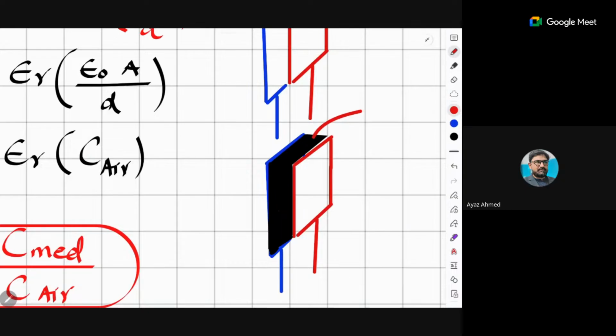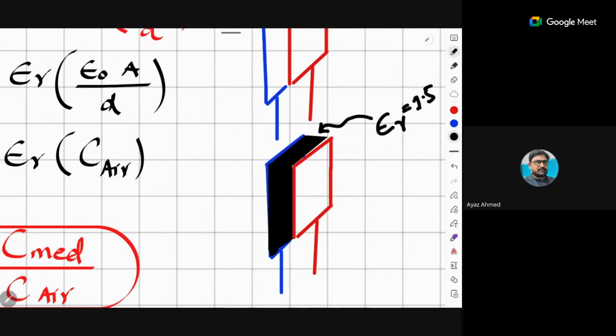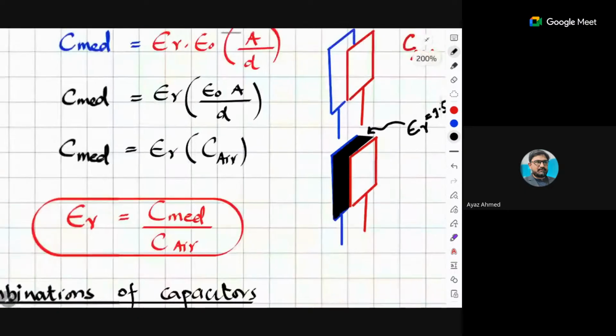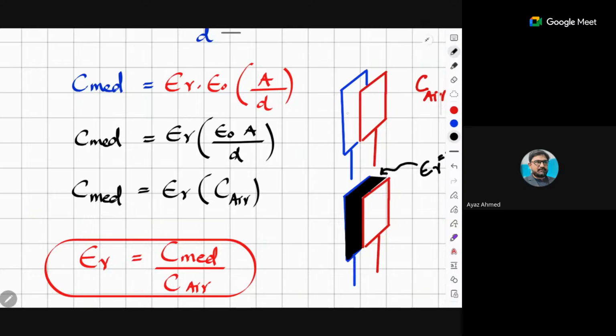For example, as I was saying, this is your dielectric. This dielectric has relative permittivity ER, let's say it is 1.5. So you know what will happen? You just added this material in between the plates, and your capacitance has been increased 1.5 times. Is this concept clear to everyone? Is it clear to all? Yes, sir.